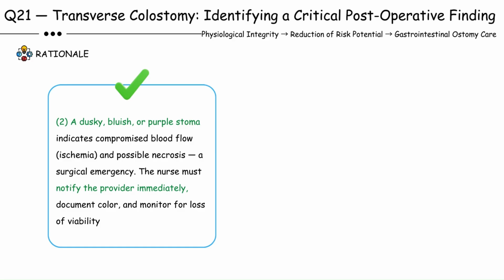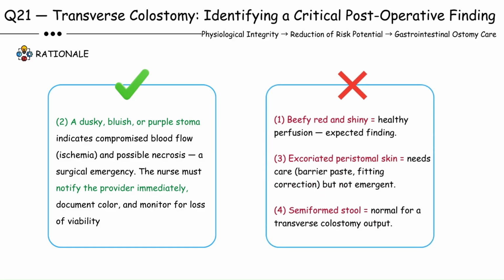Now let's briefly look at why the other options are not emergent. Option 1. Beefy, red, and moist. This is actually the ideal appearance of a healthy stoma. It indicates good perfusion. Option 3. Mild skin irritation around the stoma.